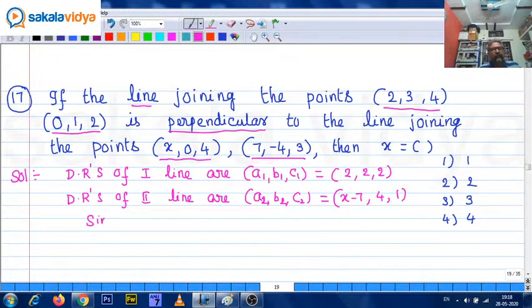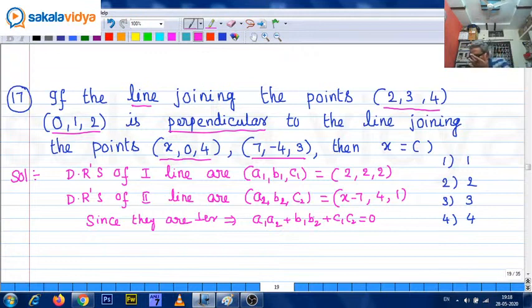Since they are perpendicular, the condition to be satisfied is a1a2 plus b1b2 plus c1c2 should be equal to 0, or the dot product is equal to 0.